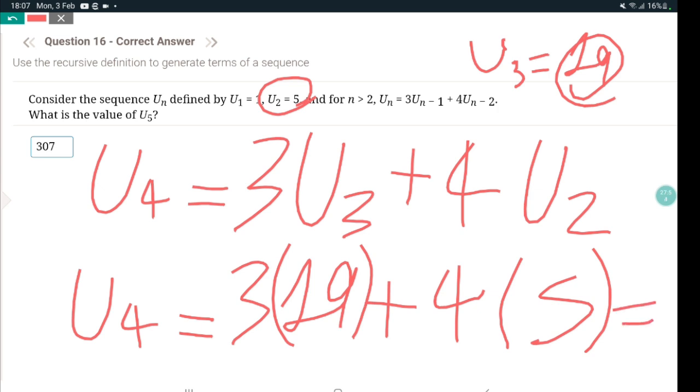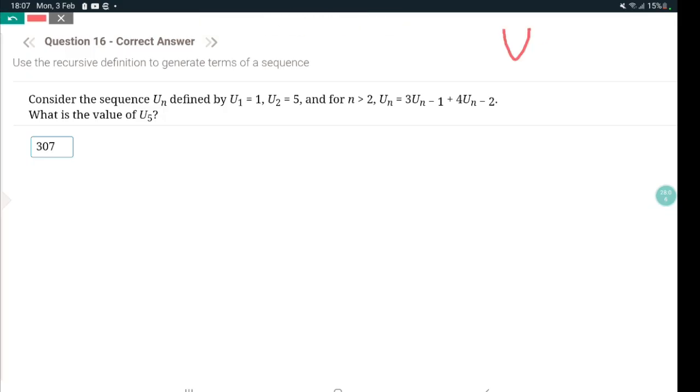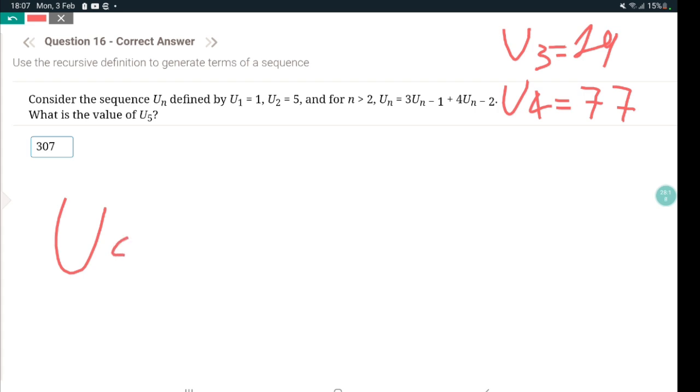Solve and you will get 77. So u4 is 77. I'll do the same thing as last time: u3 equals 19, u4 equals 77.